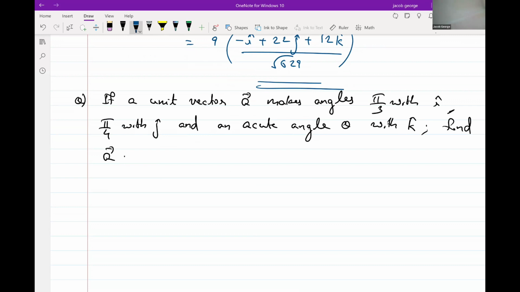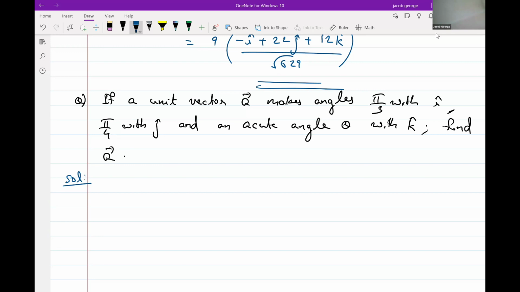Read that question. If it is a unit vector, its coefficients will be direction cosines. Study again: normal vectors' coefficients are direction ratios; unit vectors' coefficients are direction cosines. It makes pi by 3 with i cap. I cap is in which axis direction?